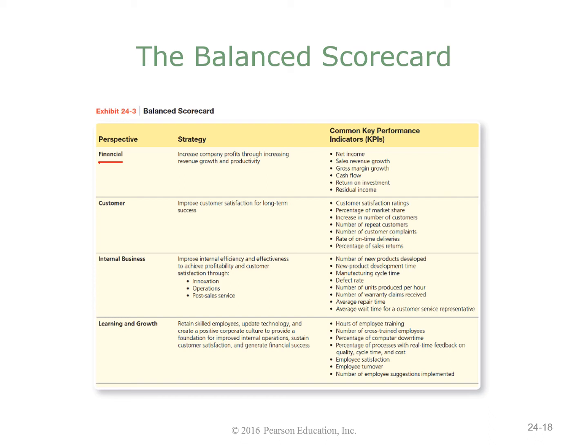You can use KPIs like net income, sales revenue growth, the gross margin, the cash flow, the return on investment, the residual income. All of those are key performance indicators for evaluating the financial perspective of the company, whose main strategy is to increase the company profit, revenue, and productivity.